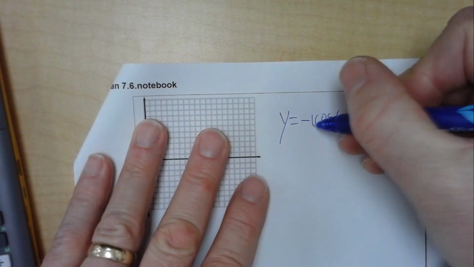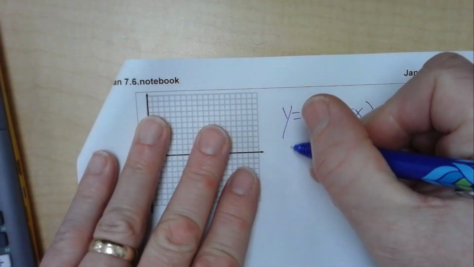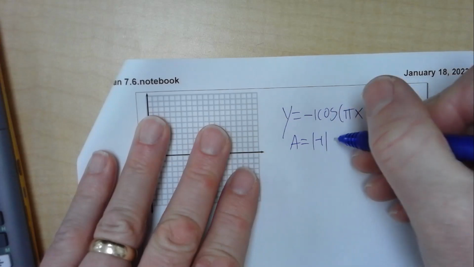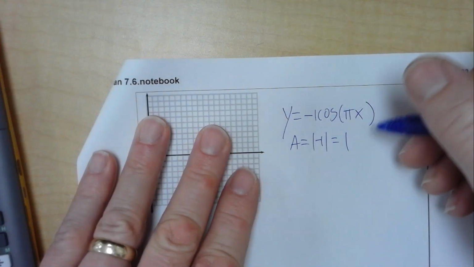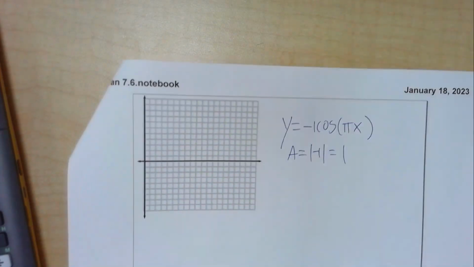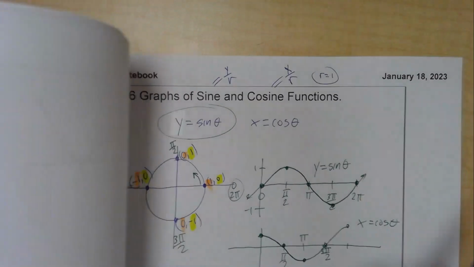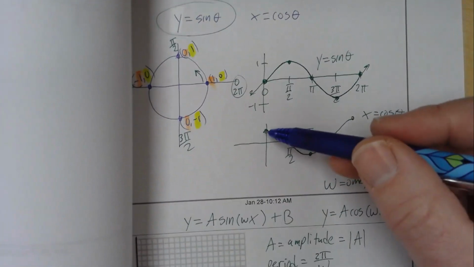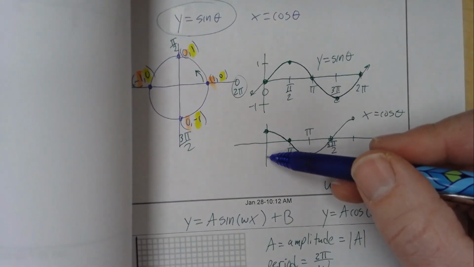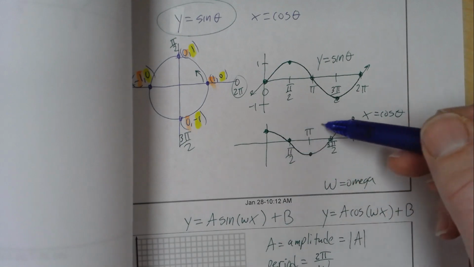There's an invisible negative 1 here, so the amplitude is the absolute value. The absolute value of negative 1 is just 1, so it's only going to go up and down 1. But the negative in front flips it upside down, just like it would with a regular function. So instead of a half mountain, a full valley, and a half mountain, we're going to start off with a half valley, a full mountain, like so.